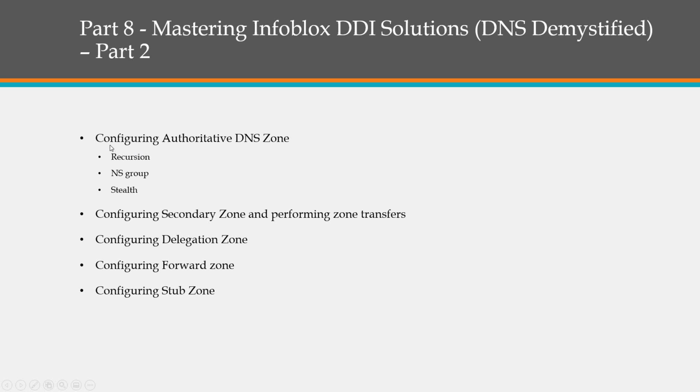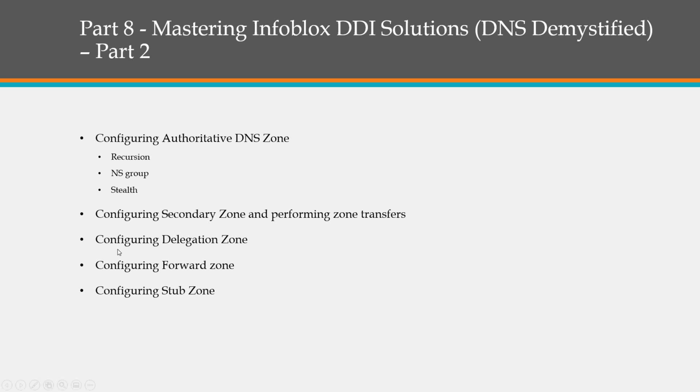So we have learned how to configure an authoritative DNS zone, and we also quickly went through the concepts of recursion, NS group, and stealth. Then we configured a secondary zone, and also saw how the zone transfer transfers all the DNS records from the primary authoritative DNS server to the secondary DNS server.